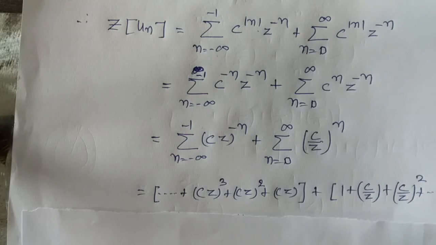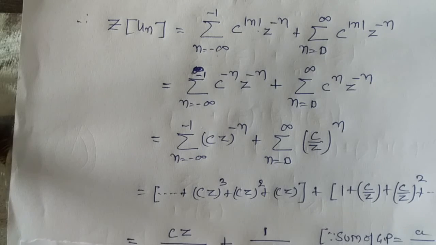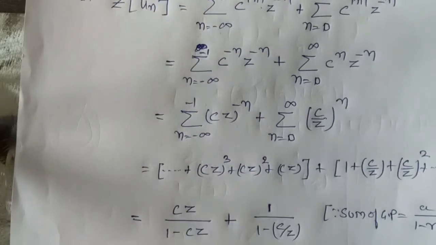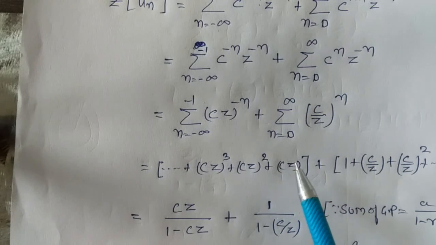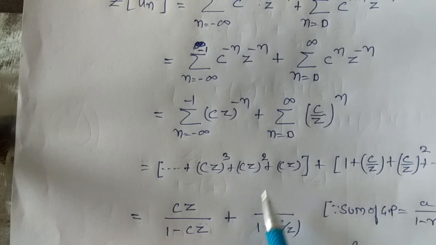The sum of a geometric series is a upon 1 minus r. So here the first term is cz, so we write cz upon 1 minus r, where the common ratio is cz, plus here the first term is 1 upon 1 minus r, where the common ratio is c by z.